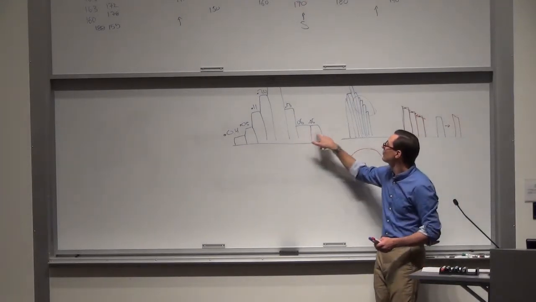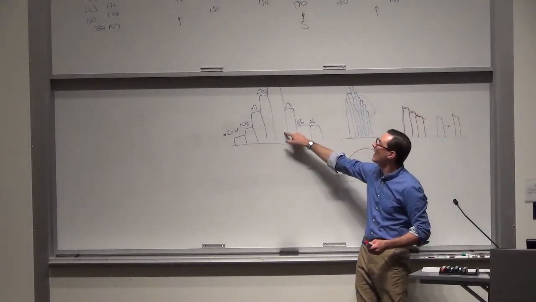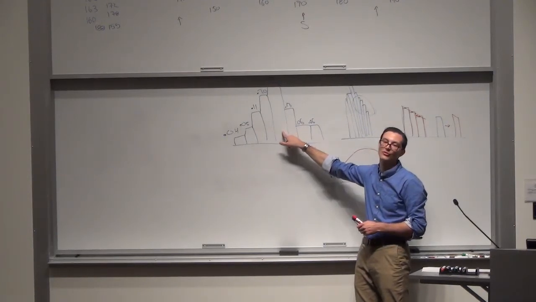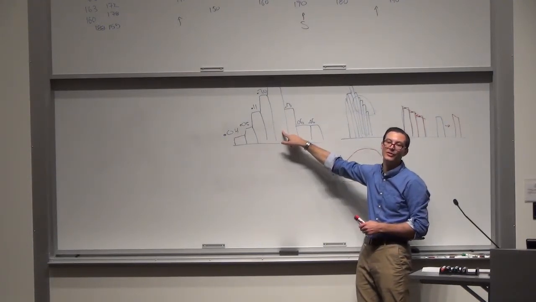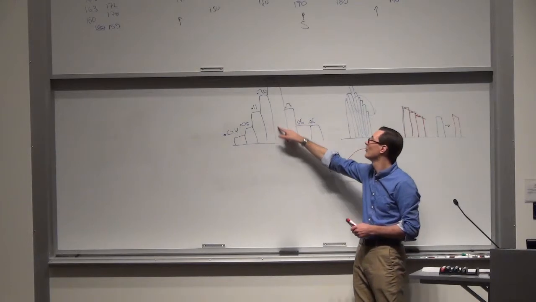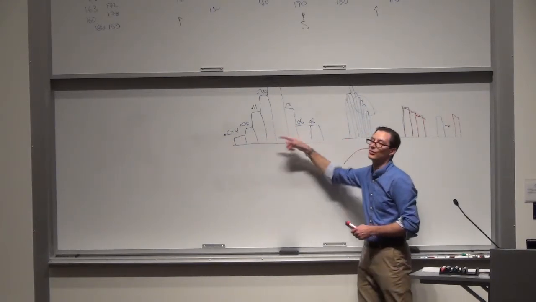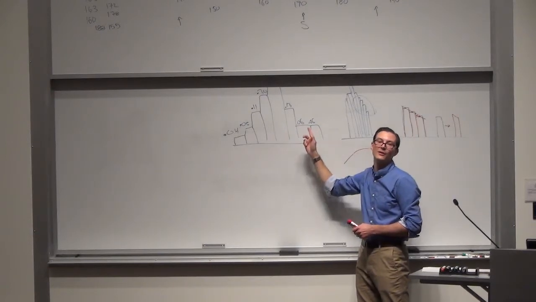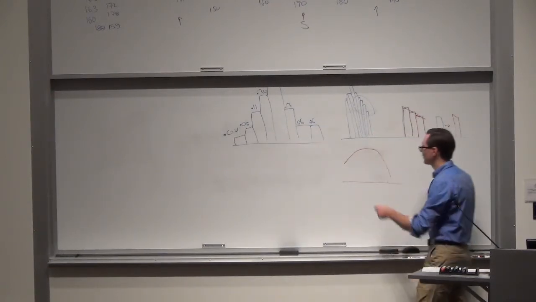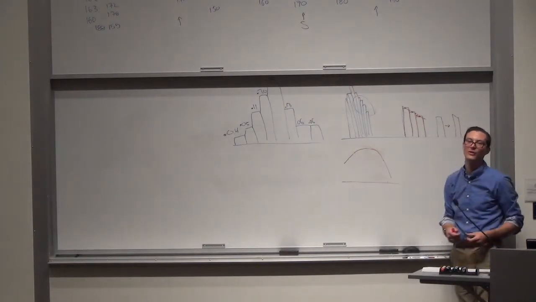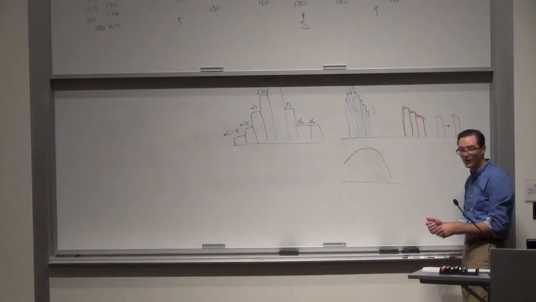So if each of the areas is proportional to the total fraction of the data that fall within that bin, what is the total area? 1. Okay, so what does that mean for this curve? What's the area under this curve? 1. It integrates to 1.